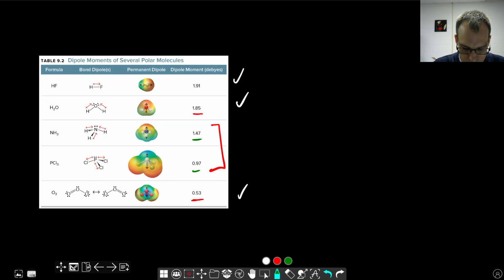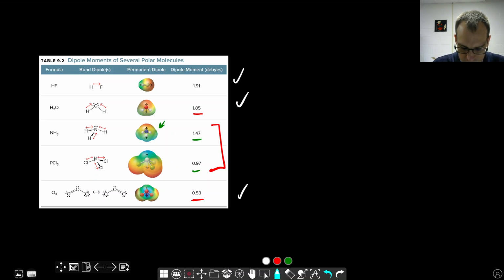Nitrogen has a bigger difference in electronegativity here, so this leads to a more polar molecule in ammonia, whereas in phosphorus trichloride, the difference in electronegativity between the phosphorus and chlorine is not as big, and so we get a smaller net dipole moment. The arrows here also indicate the direction of the polarity. Our most polar is HF, but H2O is not very far behind in terms of the actual value. Oxygen is only a little bit less electronegative than fluorine. And as we move down to these other atoms and molecules, we see that change in polarity.